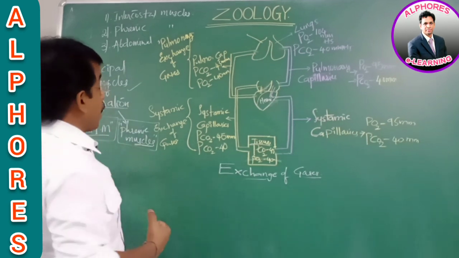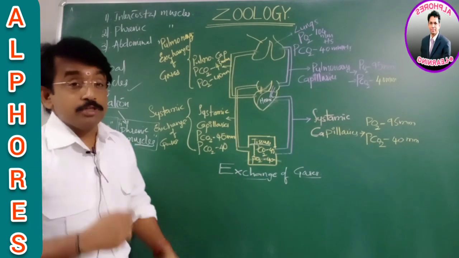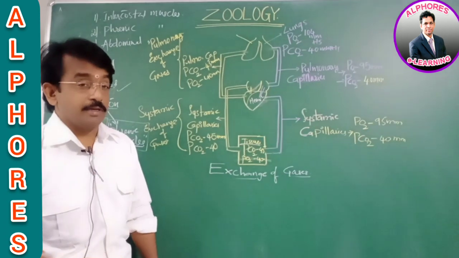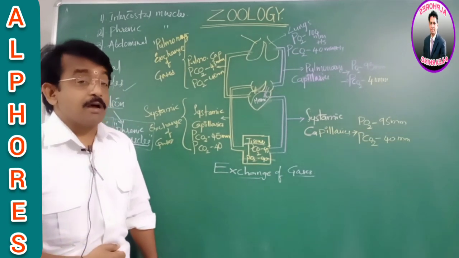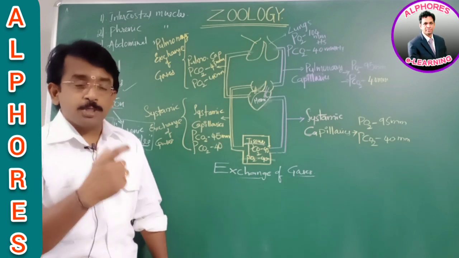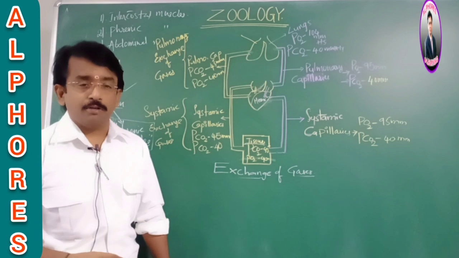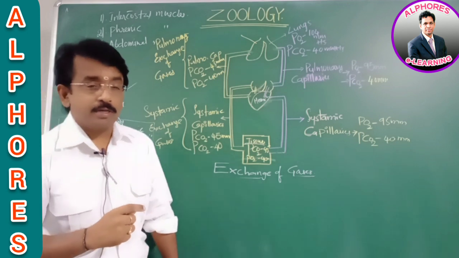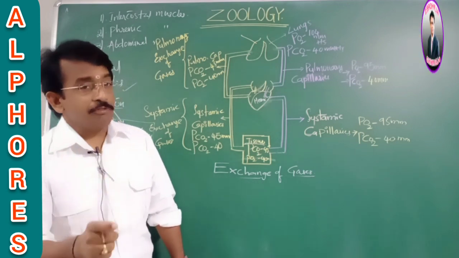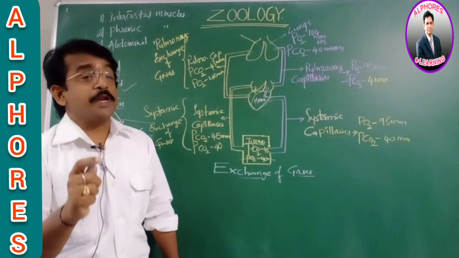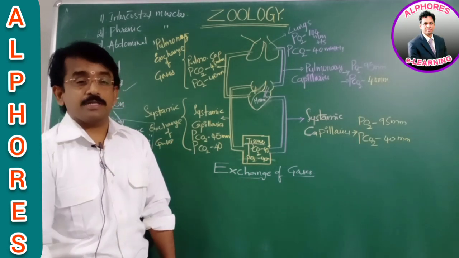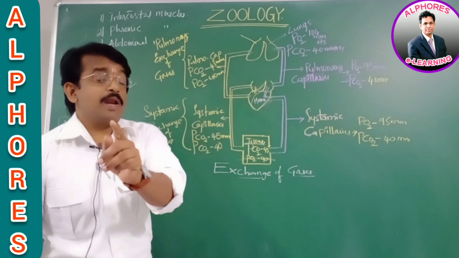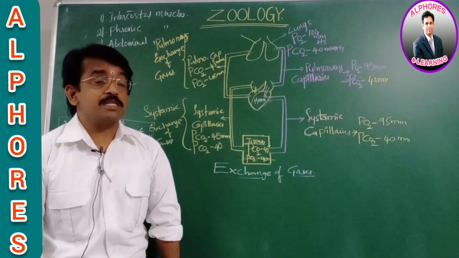I am applying force on the abdomen, which is said to be forceful expiration, where the abdominal muscles are influencing. Make a note: inspiration is an active process. Normal expiration is a passive process, but forcible expiration is an active process. Forceful expiration is due to contraction of the abdominal muscles as well as the internal intercostal muscles.